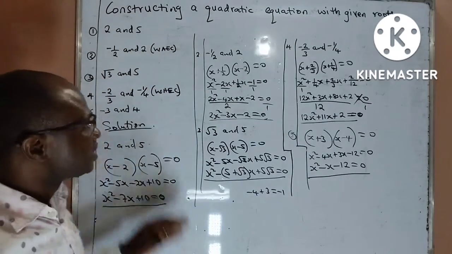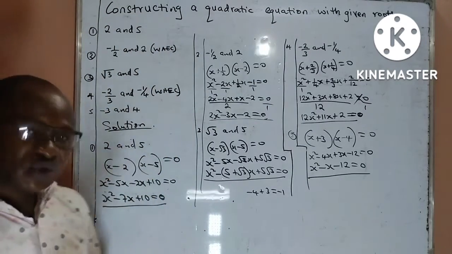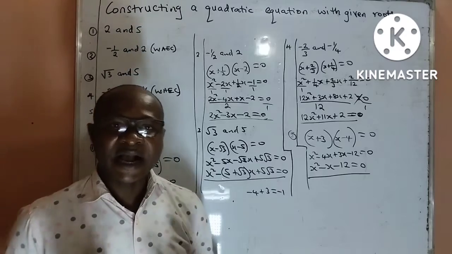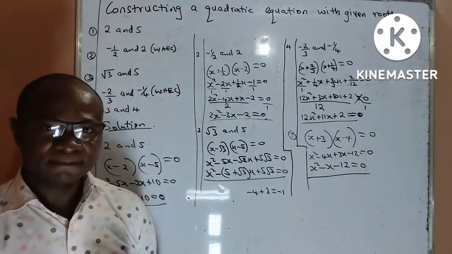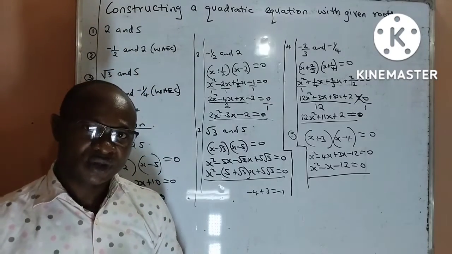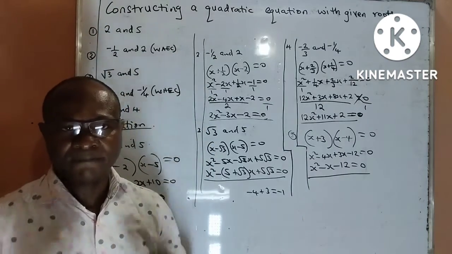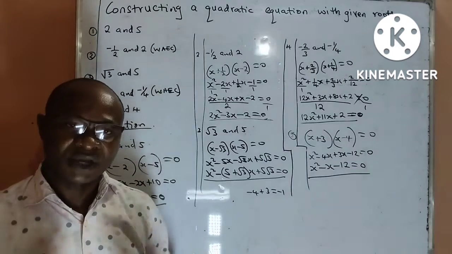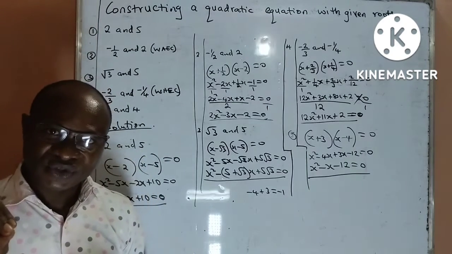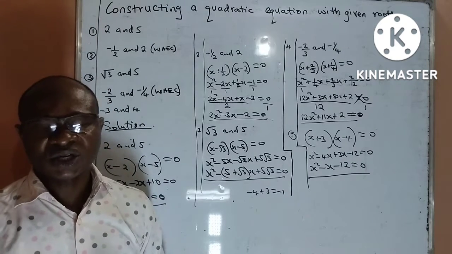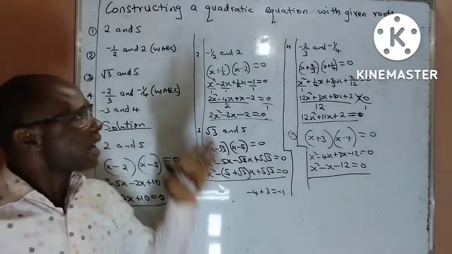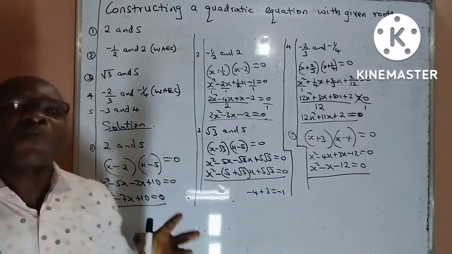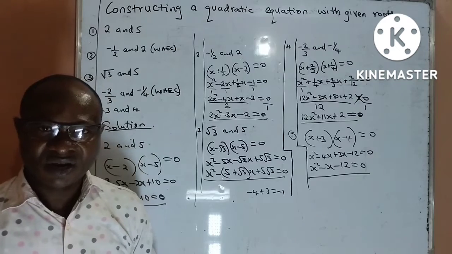Thank you. This is 5 examples. That is what we have used to explain how we can construct, how we can form, how we can put together a quadratic equation when the roots are given to us. It is pretty simple and it can even be given in WAEC exams.